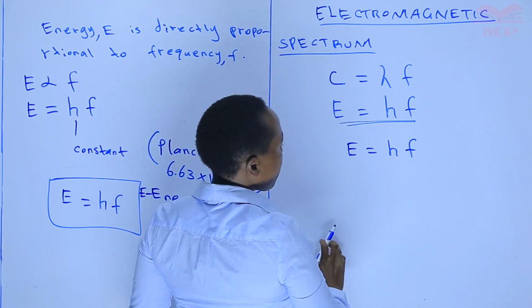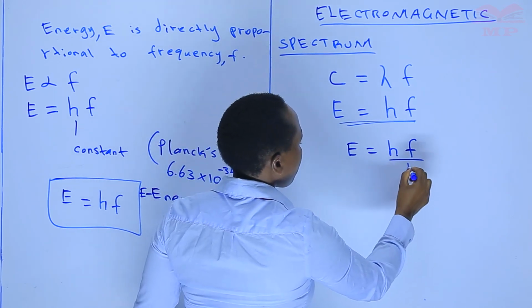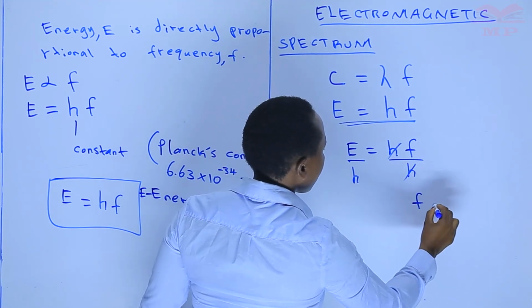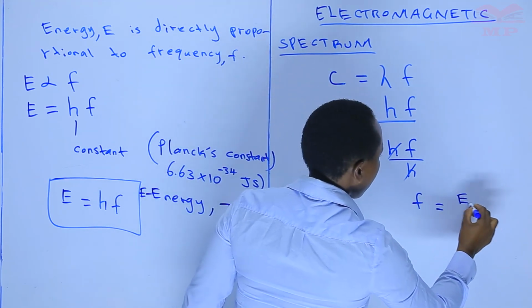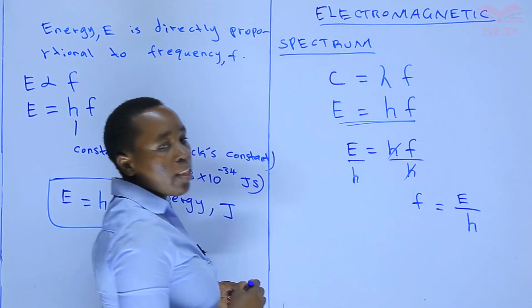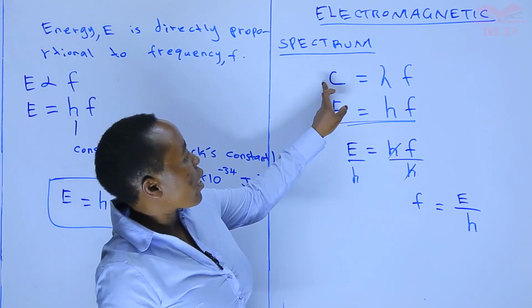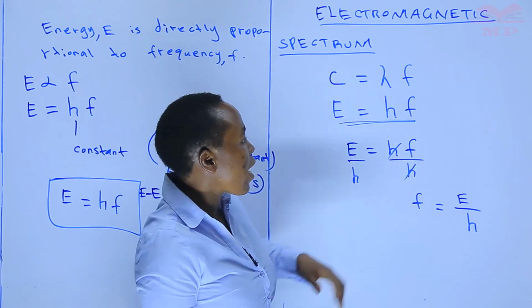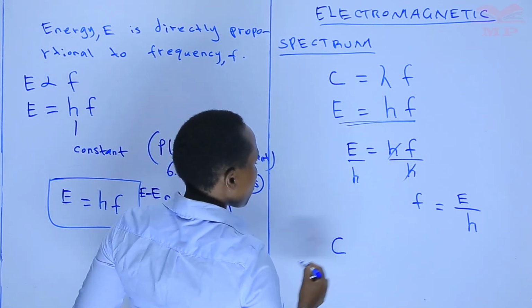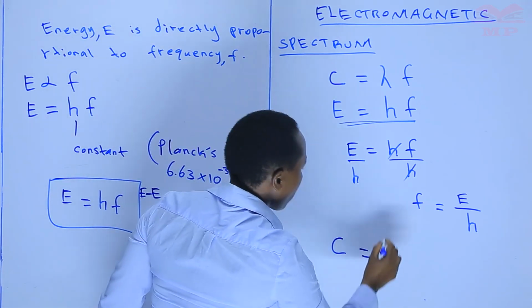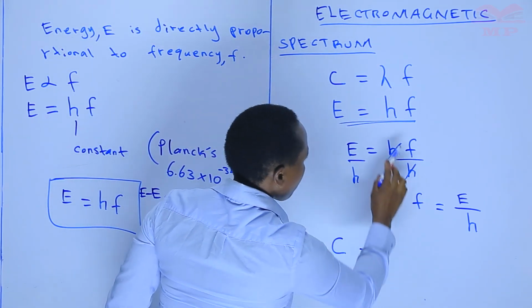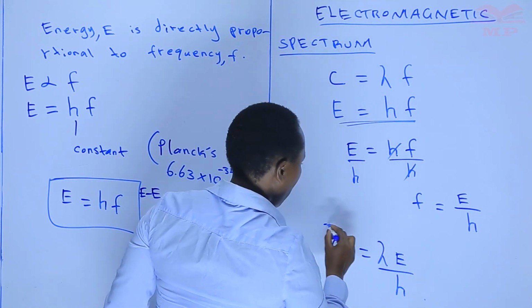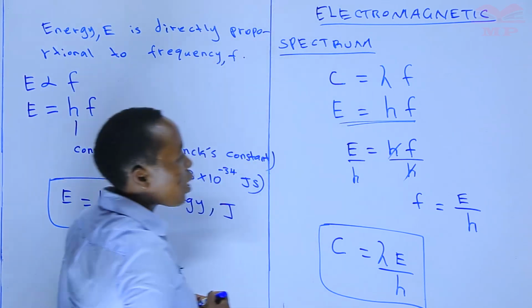If we make f the subject, meaning that we divide both sides by h, we end up getting that frequency is equal to E all over h. And therefore, we can come up with another formula where we substitute f with E over h, meaning that the speed of light is equal to wavelength multiplied by E all over the Planck's constant. That's another formula.